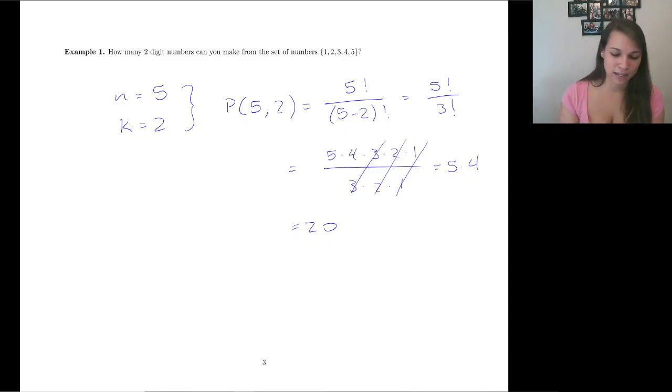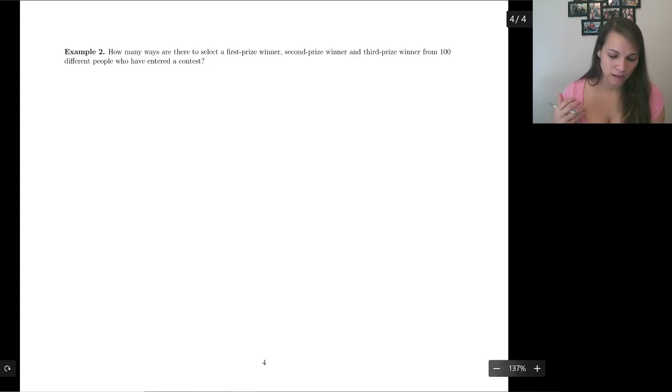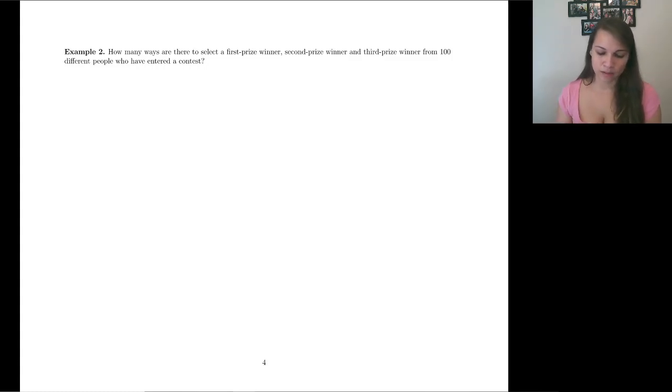Awesome. Let's try this on one more example. We're going to ask how many ways we can select a first prize winner, a second prize winner, and a third prize winner if we have 100 different people who have entered a contest. Once again, I have to read into this problem to understand that order matters.